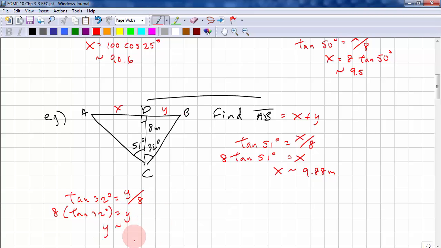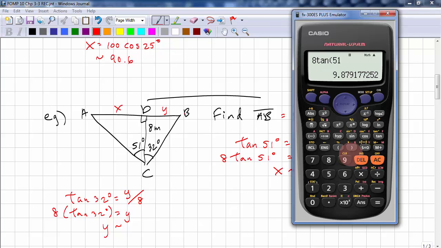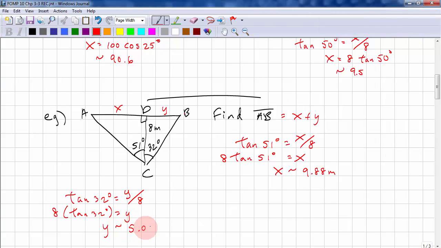That means y is approximately 4.999, so we'll just call it 5.00 meters. Okay, so length AB equals x plus y equals 9.88 plus 5.00 equals 14.88 meters.